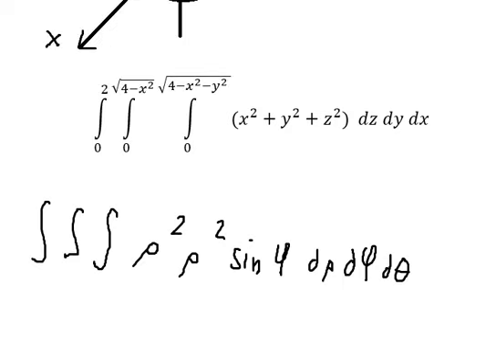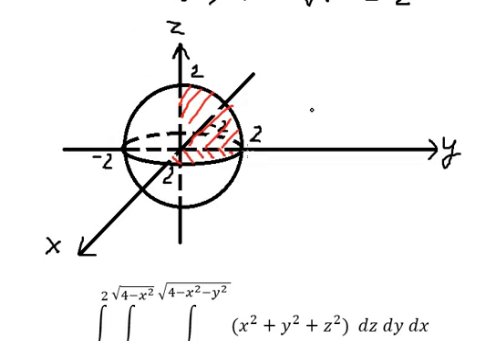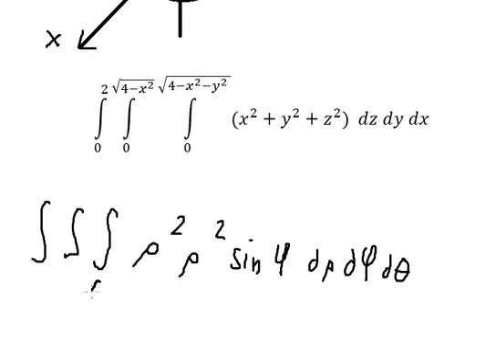The next one is rho, which is the radius of the sphere, so that should be from 0 to 2.